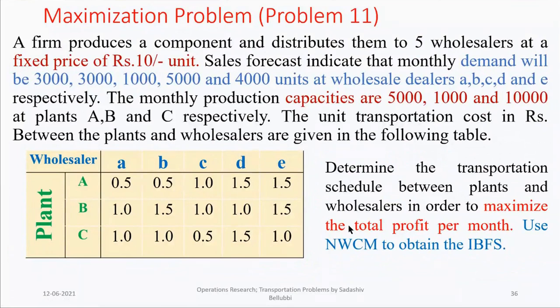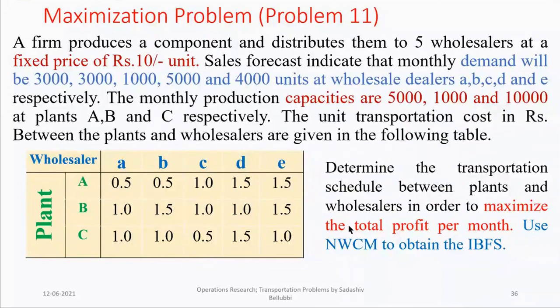The monthly production capacity is 5,000 and 10,000 at plants A, B and C respectively. The unit transportation cost in rupees between the plants and wholesalers are given in the following table. Determine the transportation schedule between plants and wholesalers in order to maximize the total profit per month.